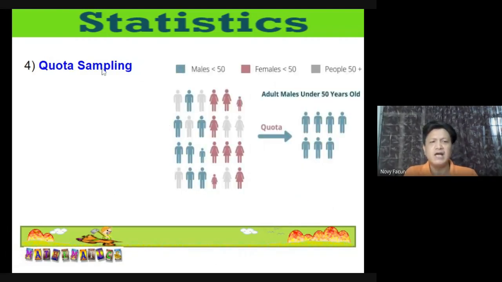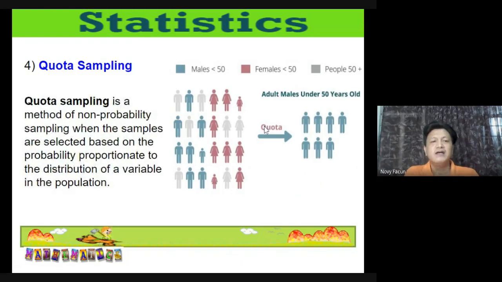Meron naman tayong tinatawag na quota sampling. Pag sinabi natin quota sampling, it is a method of non-probability sampling when the samples are selected based on the probability proportionate to the distribution of a variable in the population. Take note of that. Pag sinabing quota, this is simply proportion yung kukunin natin dyan.